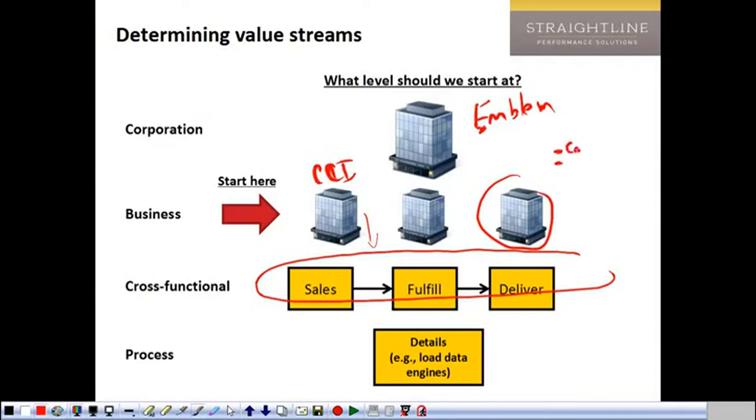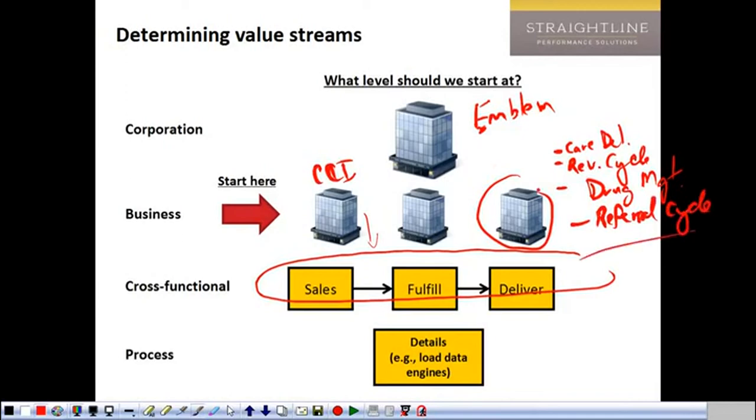One was care delivery. One was revenue cycle. One was drug management, and one was referral cycle. Their revenue was very dependent on getting referrals and managing those referrals well.